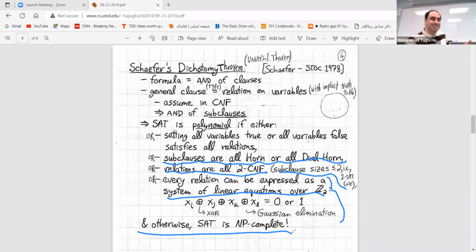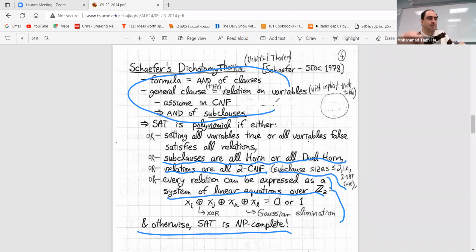So in some sense, the easy cases of SAT are these. Either you put all variables true, or all false. Again, this formula is a little bit more than CNF. It is talking about subclauses, and each clause has some subclauses.